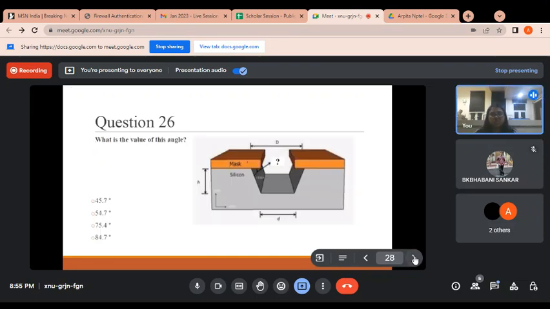So question number 26. What is the value of the angle? Here you can see there is a mask design and the silicon layer, and in between them there is an angle, between the 1 plane and the 1 plane. What is the value of the angle? Can anyone guess?